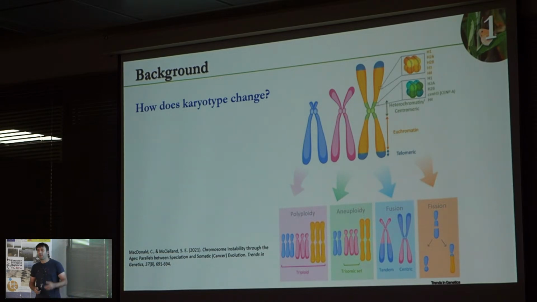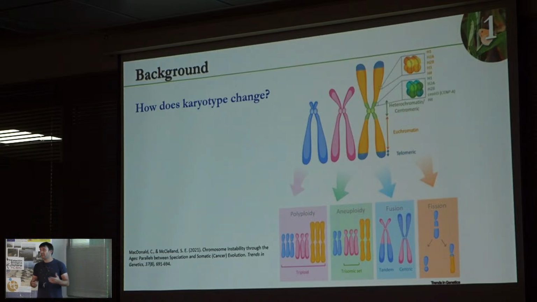This is much more frequent in plants than in animals. Then we have here aneuploidy. In this kind of transition, you lose or gain one single chromosome. This is supposed to be an evolutionary dead end from an evolutionary point of view. It's not very successful.